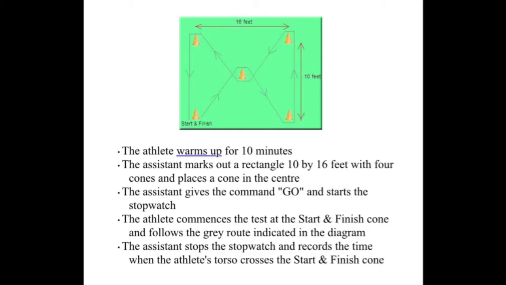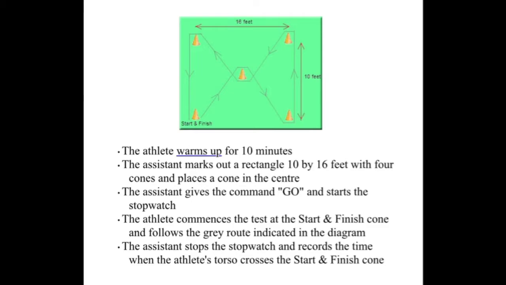This is how to do the zigzag run. The first is the athlete must warm up for 10 minutes. The second is the assistant marks out a rectangle 10 by 16 feet with 4 cones and places a cone in the center. The third is the assistant gives the command go and starts the stopwatch.